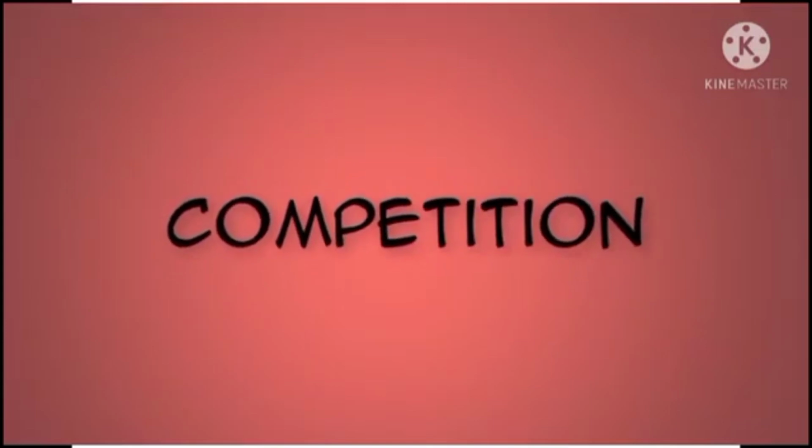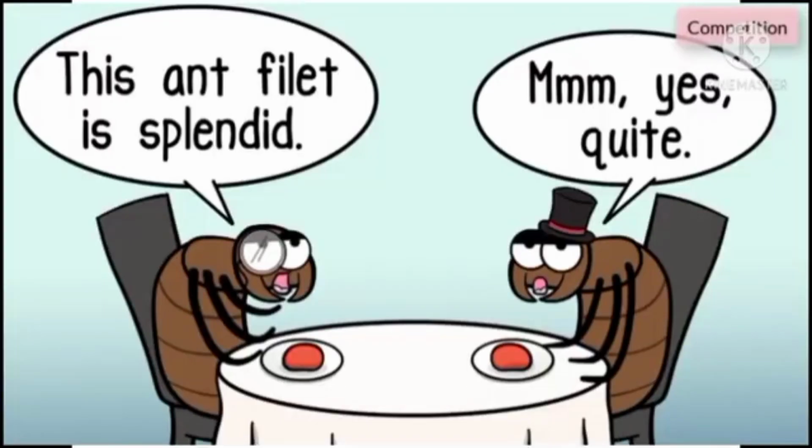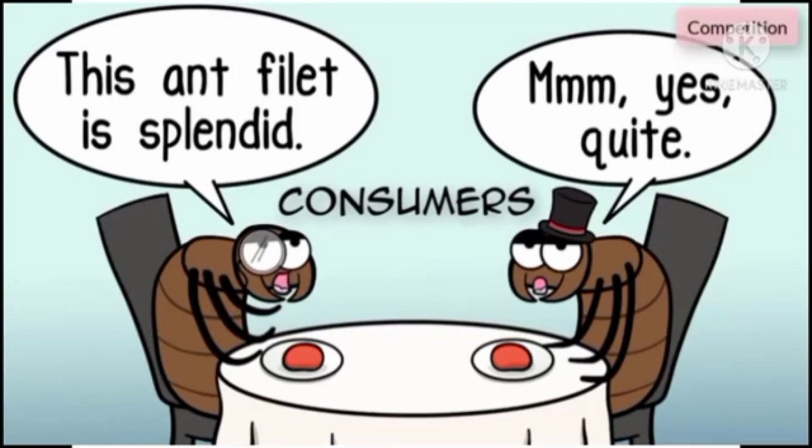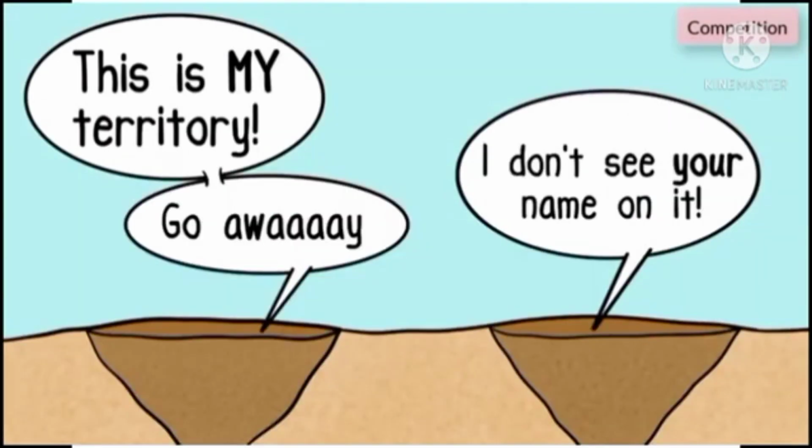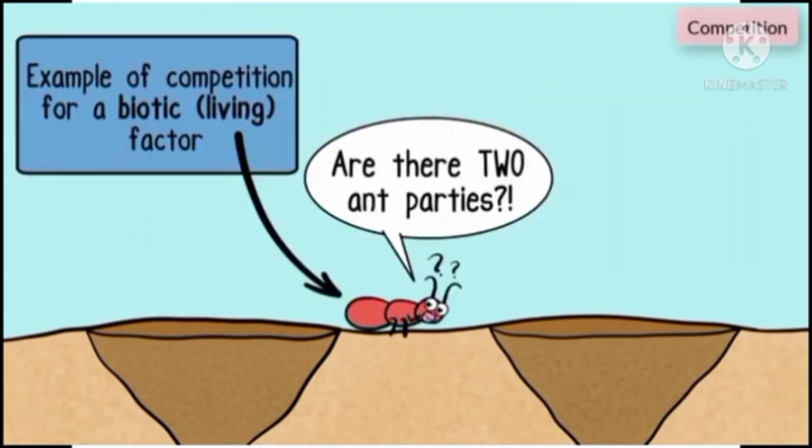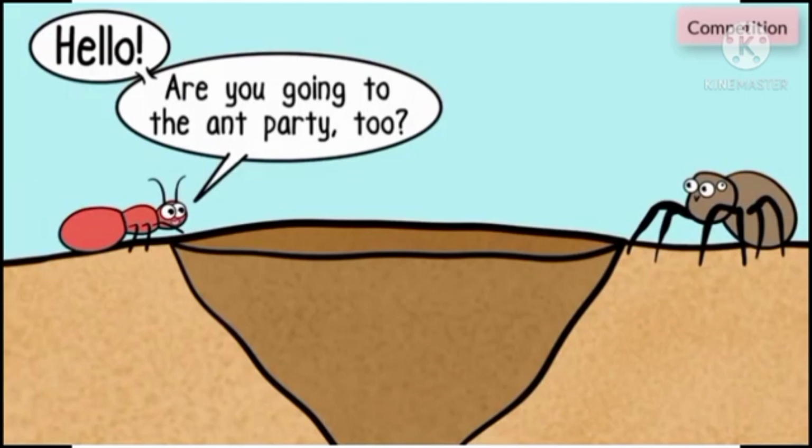Competition is also another relationship to consider. Antlions are consumers, which means they have to eat other things. They can't make their own food. They have to compete with other antlions for this food too. This food being their prey, the ants. This example shows competition for a limiting biotic factor. And they're not just competing with other antlions for this biotic factor.